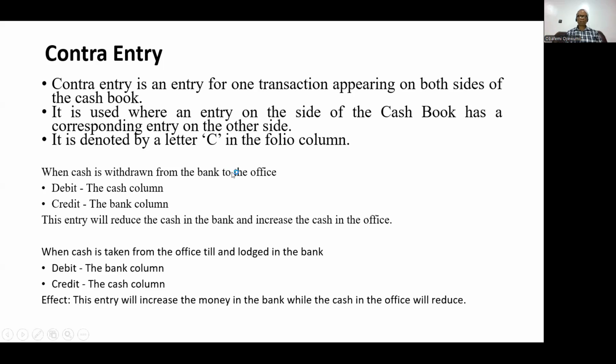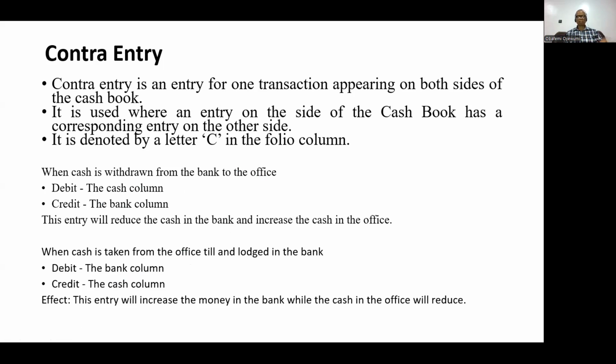So when cash is withdrawn from the bank to the office, you debit the cash, okay? You debit the cash and then credit the bank column. Now, when cash is taken from the office, that's the safe, okay, and lodged into the bank, then it means that you're going to debit the bank and then credit your cash. And of course, we have different effects that will be taking place.